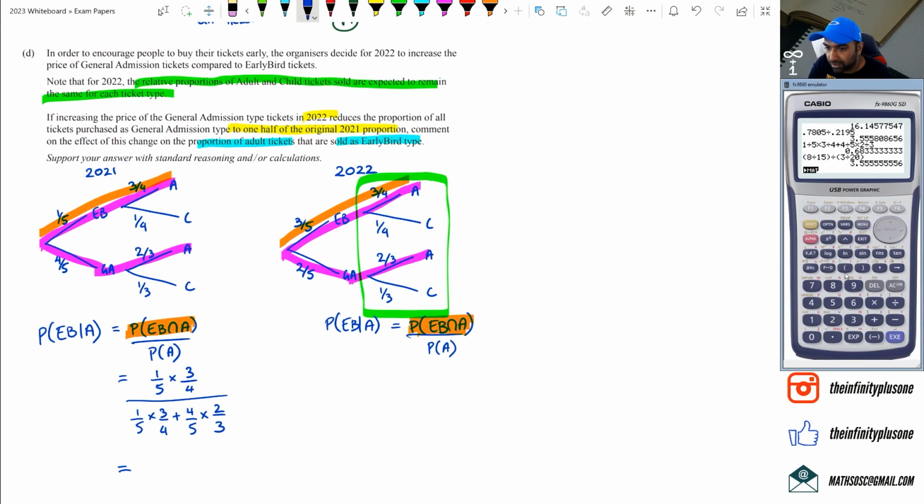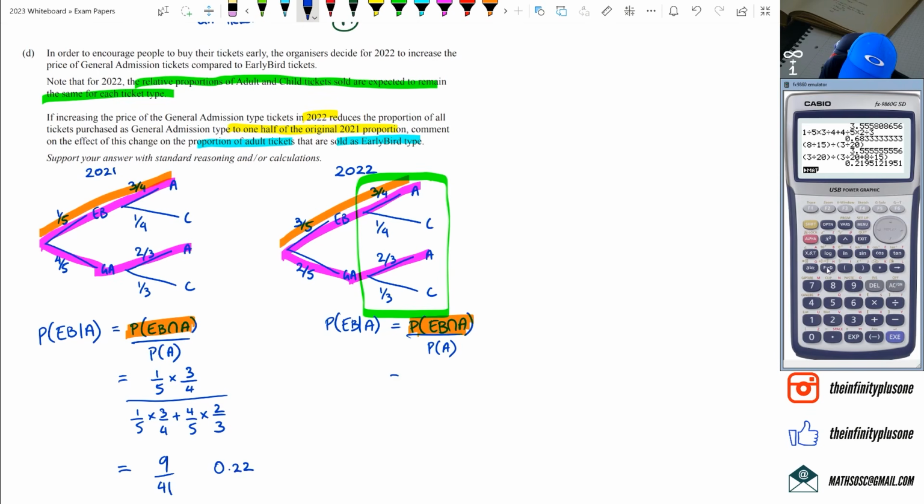In my calculator, I've got in the numerator 3/20, and that's going to be divided by 3/20 plus 8/15. It is this ugly looking number here, and we can put that as fractions to decimal, which is going to be 9/41, or in decimal we get 0.22.